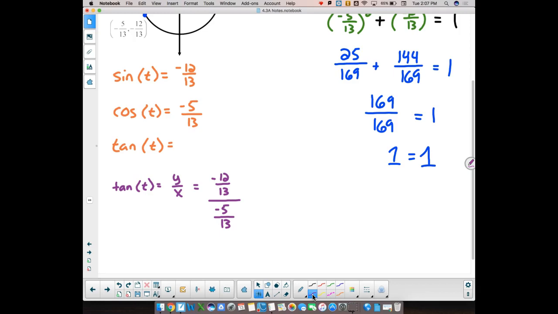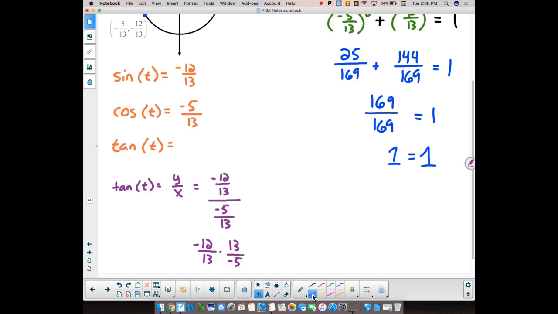Okay? So, Mrs. Wyman taught me that when you're dividing fractions, what do you do with the bottom one? You flip it, and then you multiply. So this is really negative 12/13 times 13 over negative 5. Right? Which simplifies to be what?